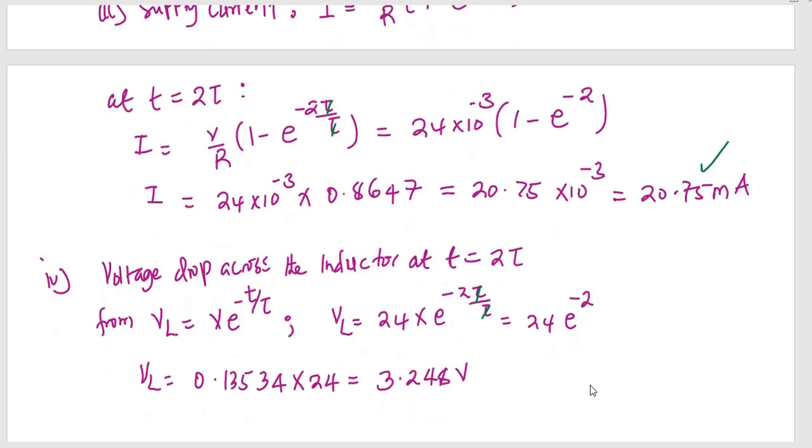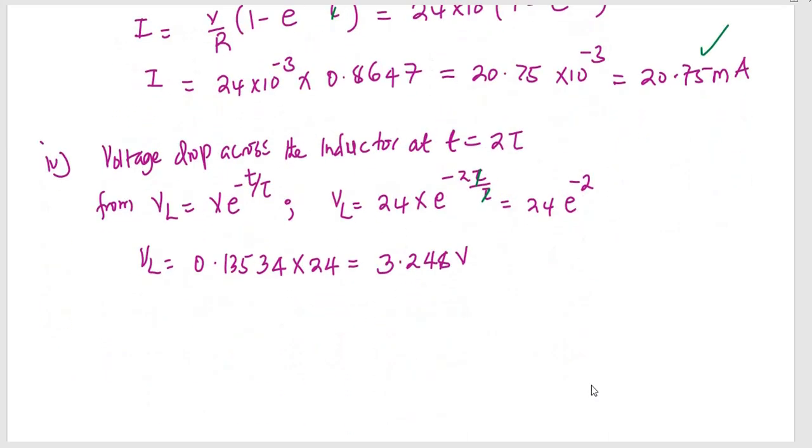The value we get is 0.13534 times 24, the source voltage times this value of e to the power negative 2, which gives 3.24 volts. Thank you so much.